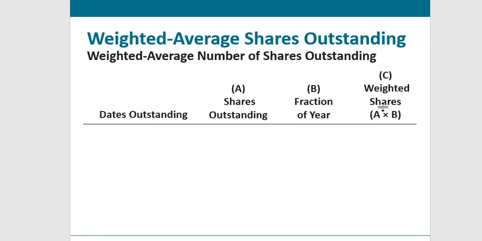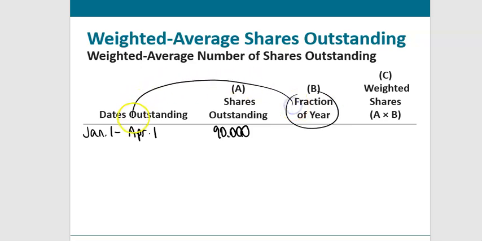Every time we have one of these problems, let's set it up in a format similar to this one. Let's write out the dates that the number was outstanding. So for example, from one event date to the next, from January 1st to April 1st, there were 90,000 shares outstanding. What fraction of the year are we talking about here?